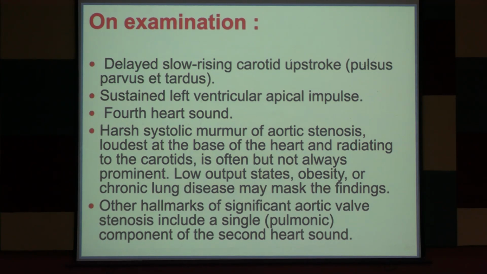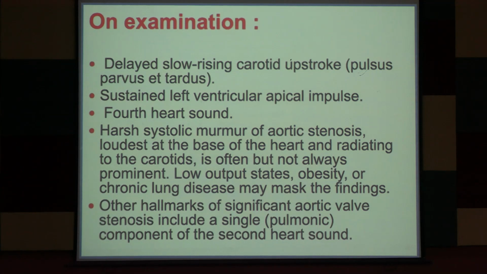Now, the main thing is the murmur. The murmur of aortic stenosis is a harsh, rough, rasping quality murmur heard best at the right second intercostal space or around the right heart border.